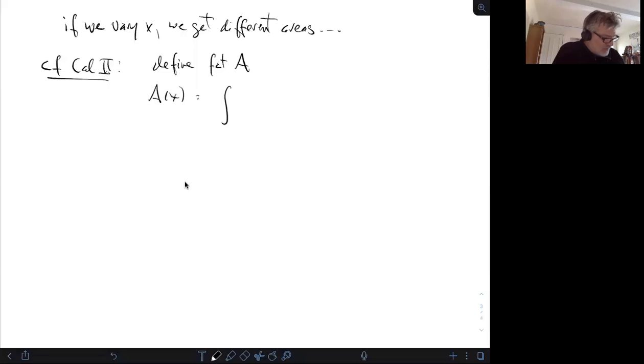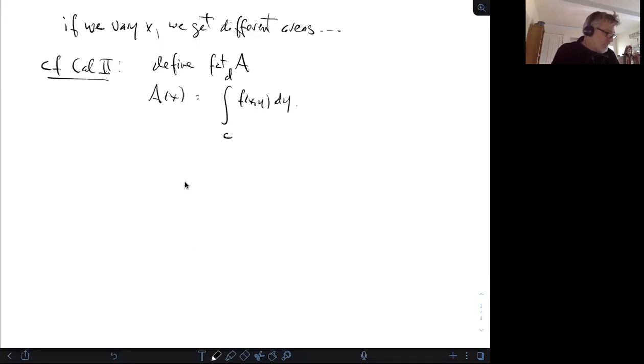It is the integral from c to d, exactly what we computed, of f of xy dy. So you fix an x, compute the area when you slice at x. Now if you change the value of x, you get different values, but that gives you a function, the area function depending on the slice at x.